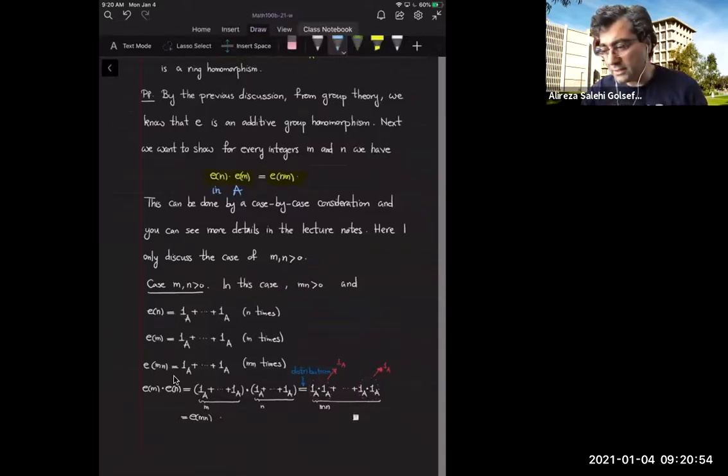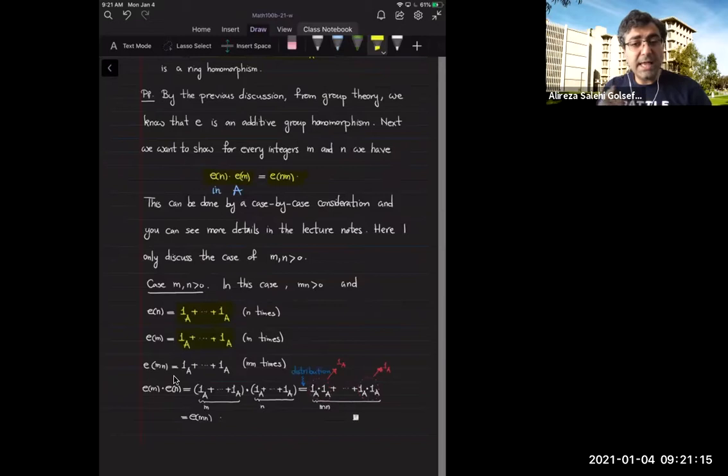And when m is positive, E(m) is nothing but adding the identity of A, m times.